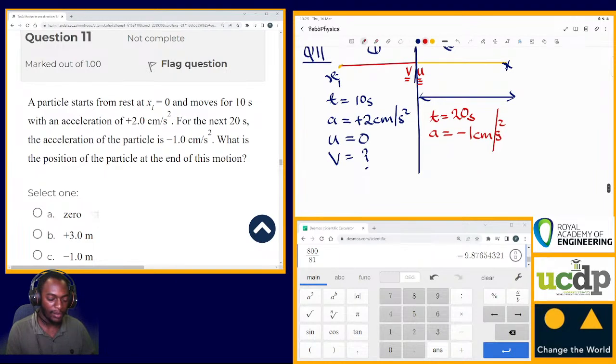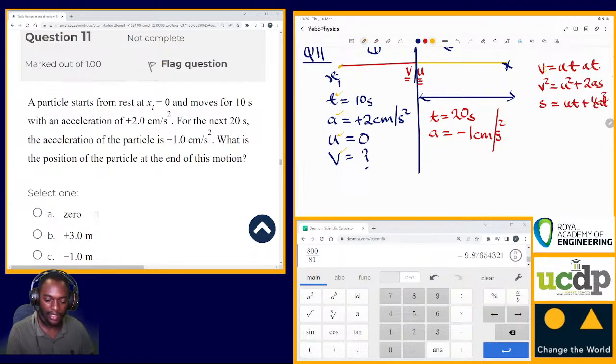So which equation can we use to find the final velocity? We have a, we've got t, we've got v, we've got u. If you recall our equations of motion, we said v is equal to u plus at, v squared is equal to u squared plus 2as, s is equal to ut plus half at squared.